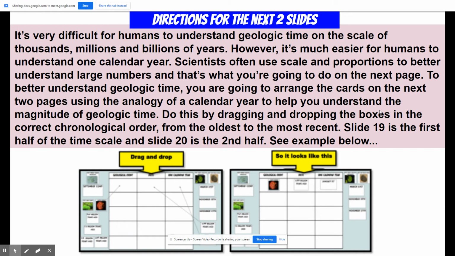But geologic time is billions of years, so it's so hard for us to understand the magnitude of geologic time. So you're going to be dragging and dropping the cards into the boxes from the oldest to the most recent. Slide 19 is the first half of the time scale, and slide 20 is the second half.